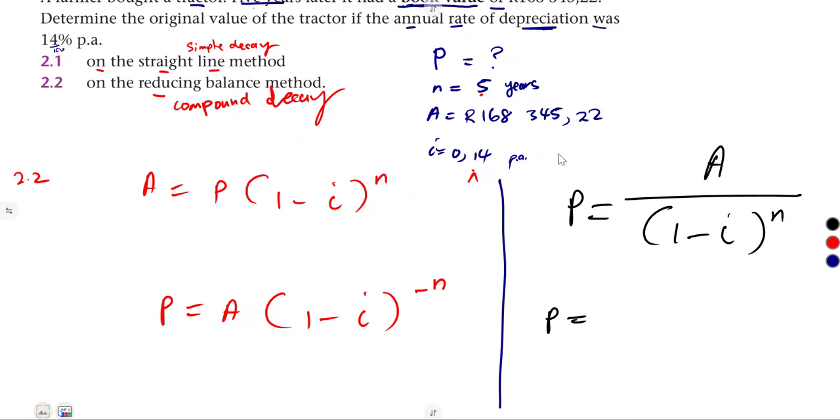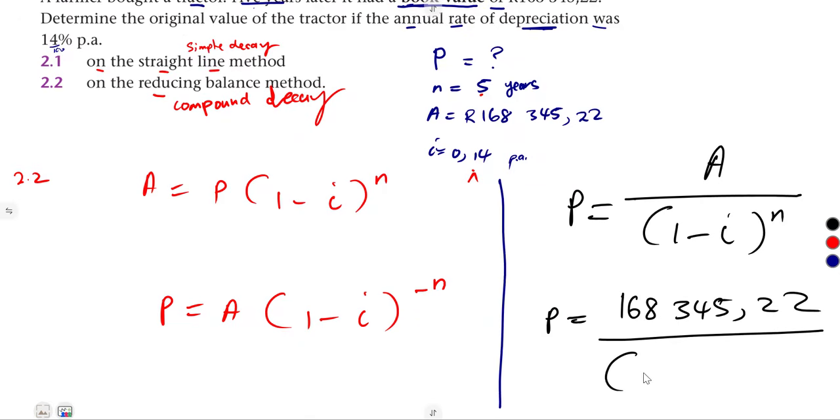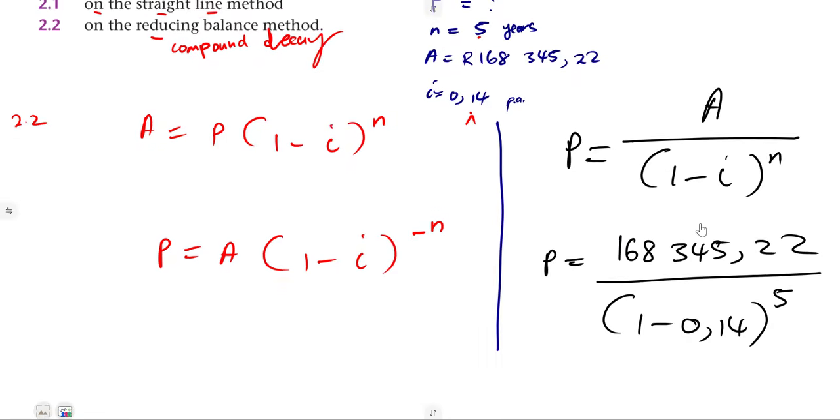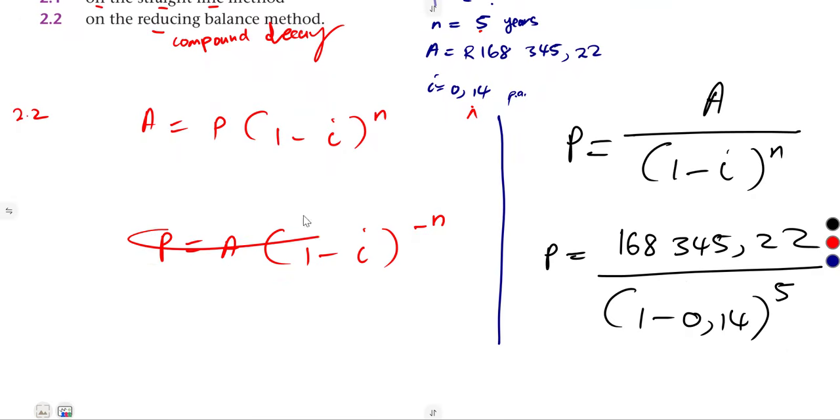So P is equal to A, which is 168,345, comma 22, everything over 1 minus i, which is 0,14, to the exponent of n, positive as it is, which is 5. You get the same answer as someone who wrote it with a negative exponent, taking this on top. Still one and the same.